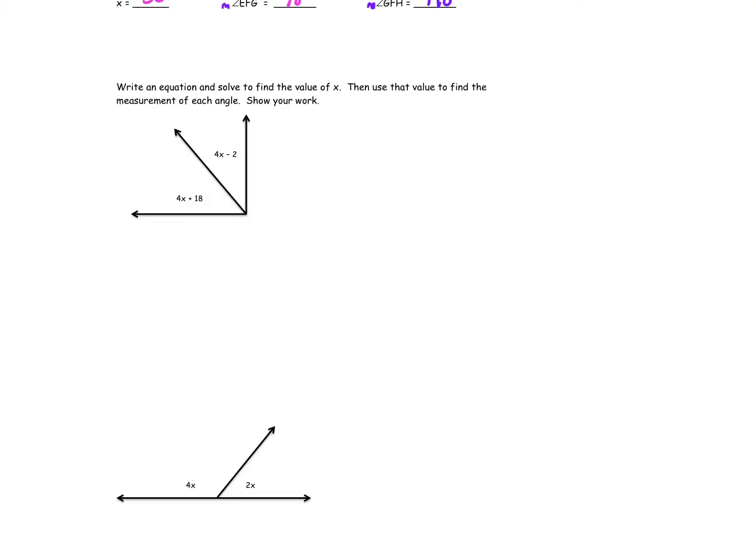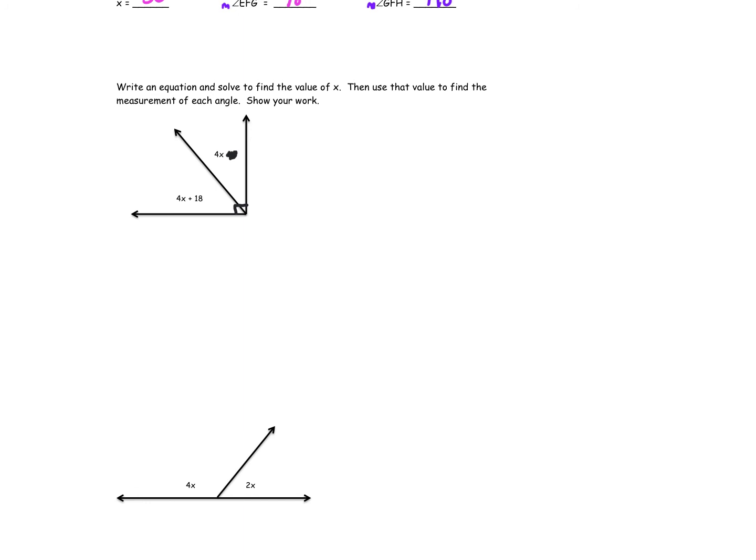Okay, we're going to practice this again, but before we do, I need you to put marking right here for the right angle, and also I'd like you to eliminate this minus 2 for this one. Okay, it says we're going to write an equation, solve for x, then use that value to find the measurement of each angle, and show your work.